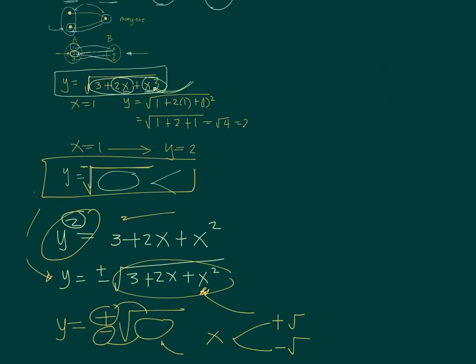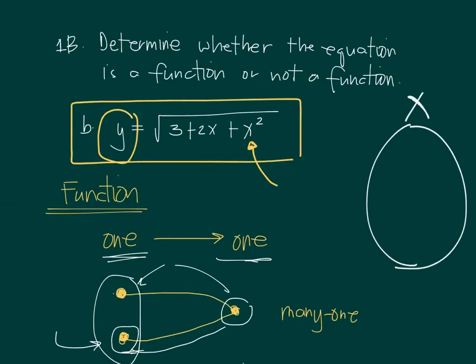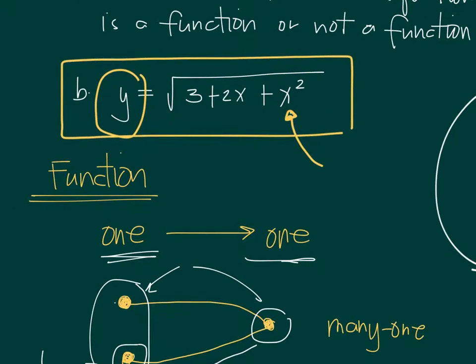Just by looking at the structure of the equation, it says y is equal to the positive square root. Y is always a single number, so for every x there's a single value of y.